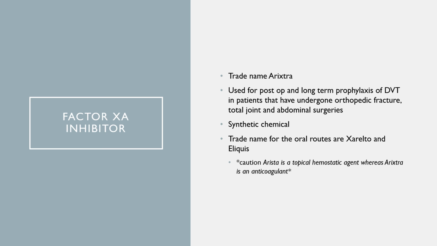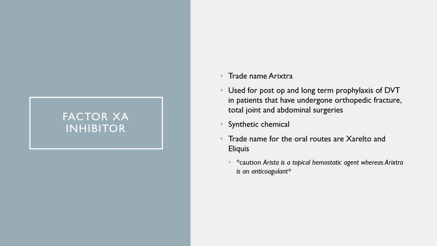Okay, we have factor Xa inhibitors. The trade name for this is Arixtra. These are used for post-op and long-term prophylaxis of DVT in patients that have undergone either orthopedic fracture surgeries, total joints, or big abdominal surgeries. It is a synthetic chemical. The trade names for the oral versions of these you may have heard before. They're on TV all the time.